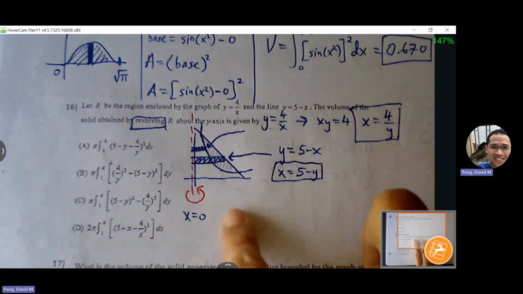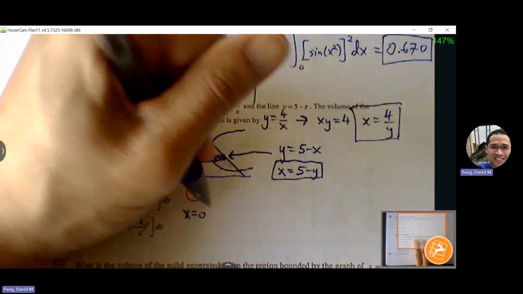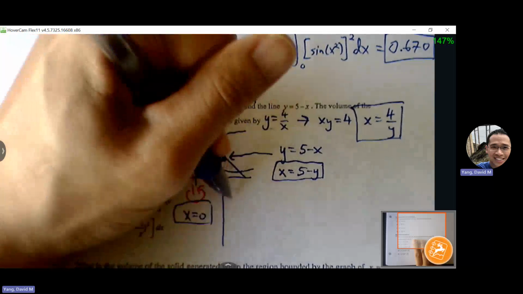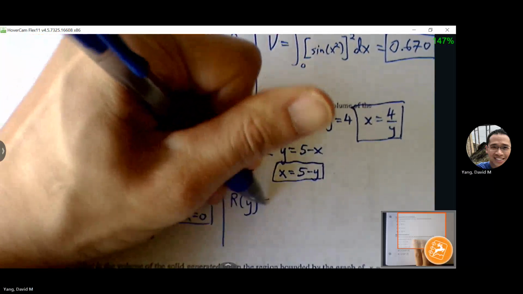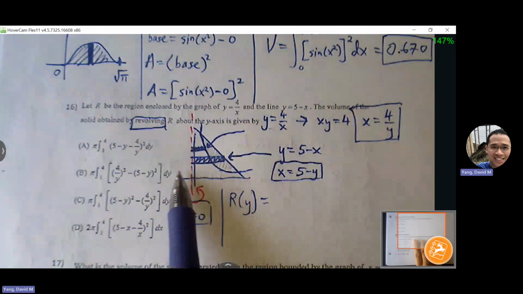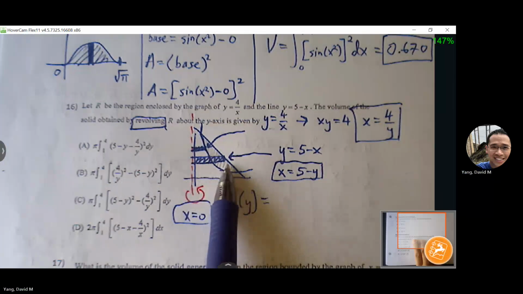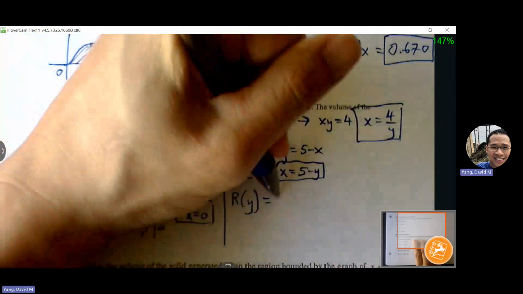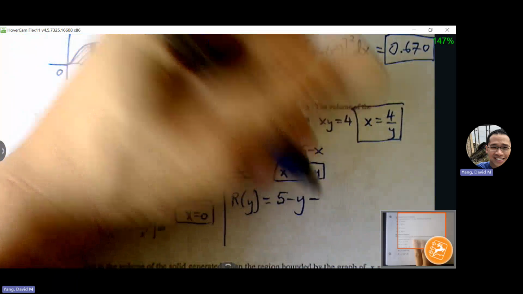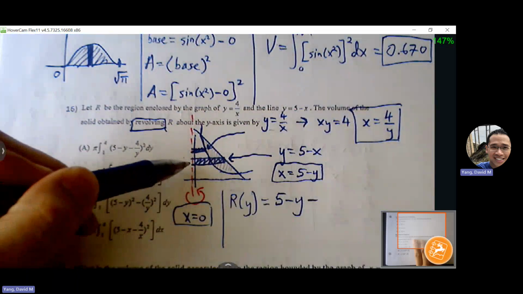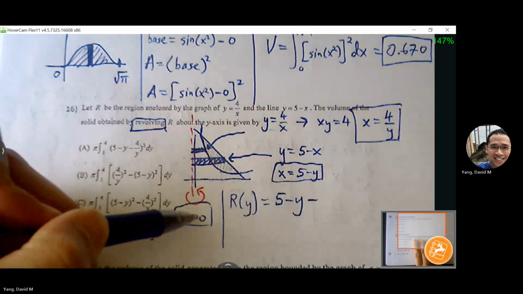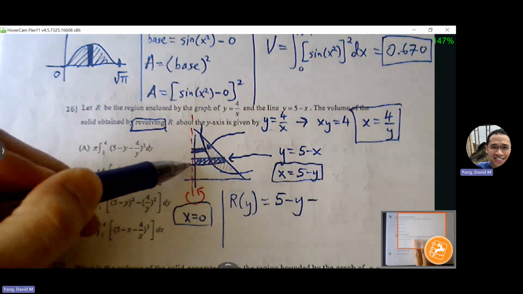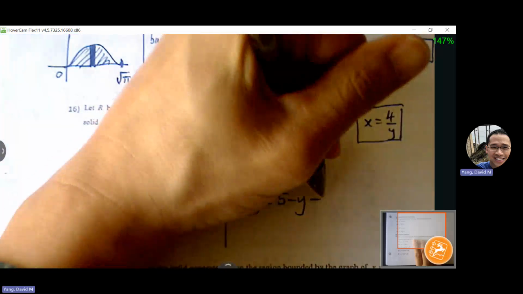So these are the equations that I want to be working with. Right? x equals, x equals, x equals. Okay, so let's build our big R here. Right minus left, what's the right endpoint of my big radius sitting on? x equals, yeah, 5 minus y. So it's 5 minus y minus the left endpoint, which is sitting on the, what's the left endpoint? 0, yeah, so 5 minus y minus 0.